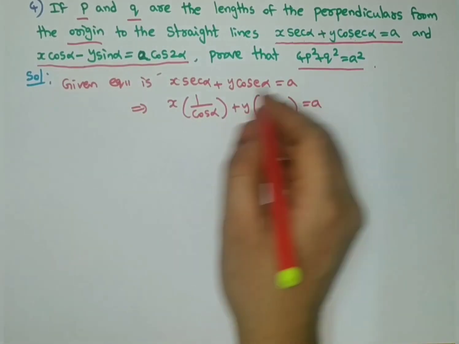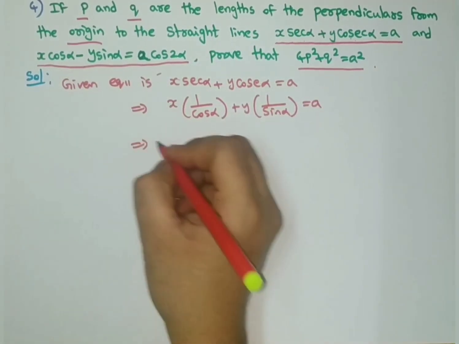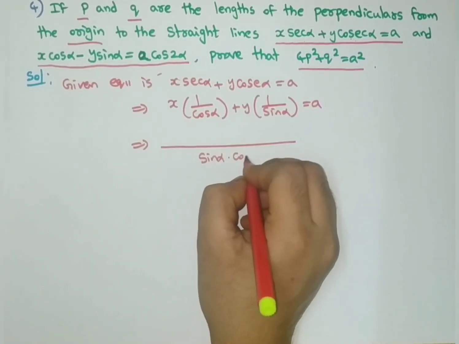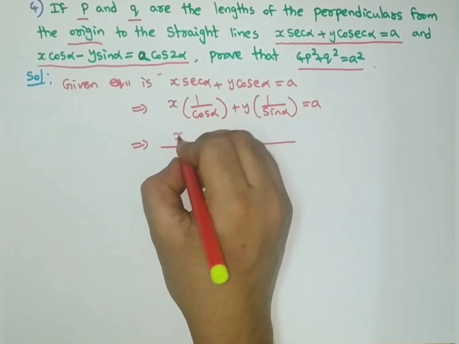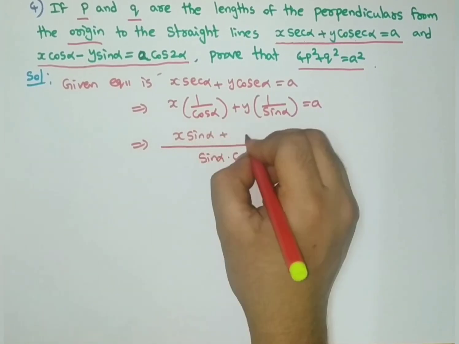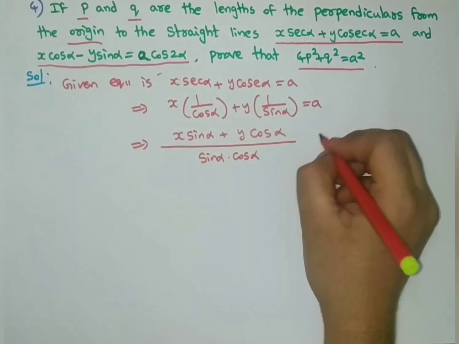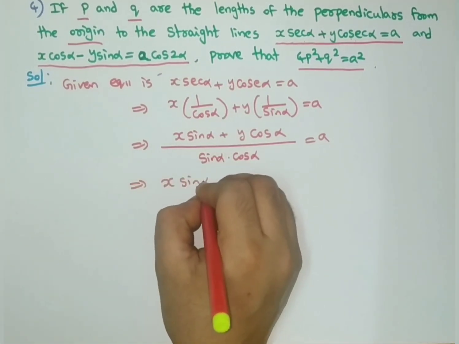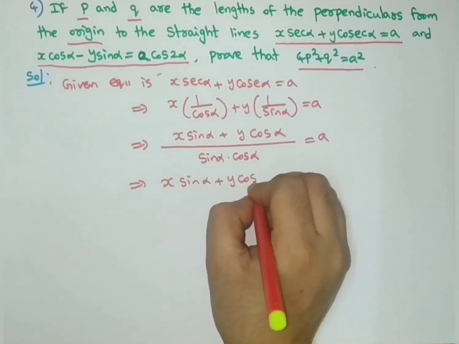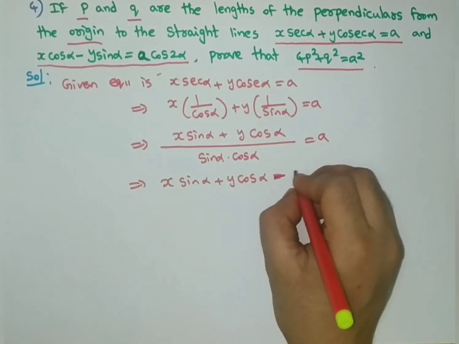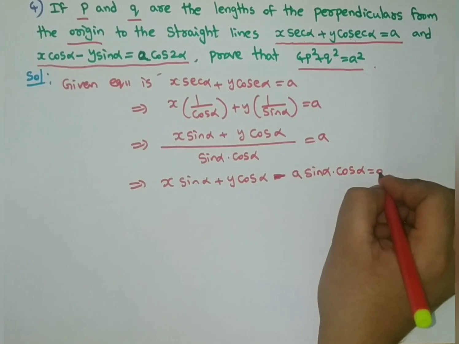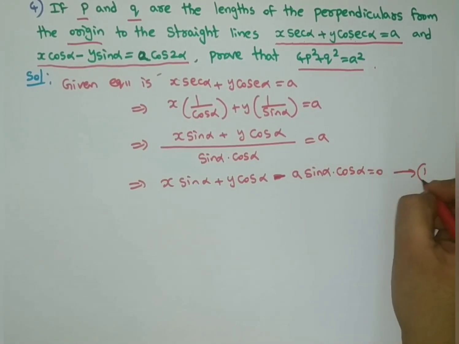So that implies, by taking LCM of sin alpha and cos alpha, what we will get? x sin alpha plus y cos alpha is equal to a sin alpha cos alpha. So x sin alpha plus y cos alpha minus a sin alpha cos alpha is equal to 0. This is the equation. Make it equation 1.